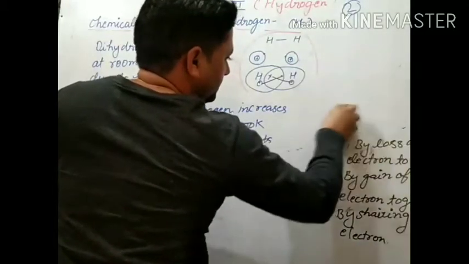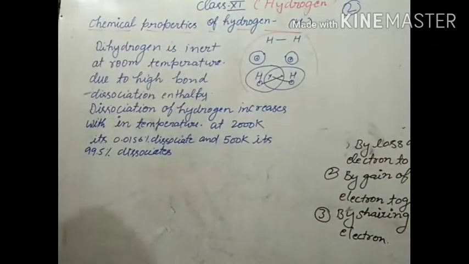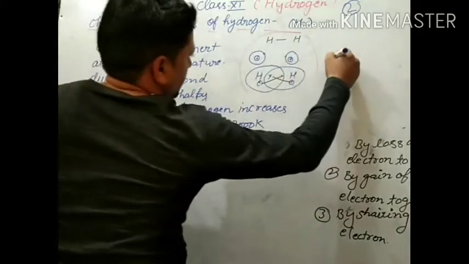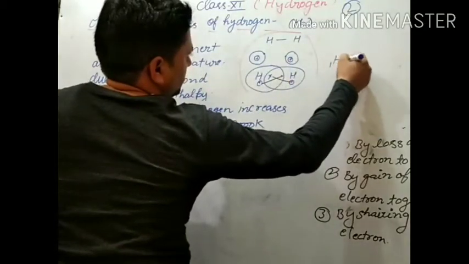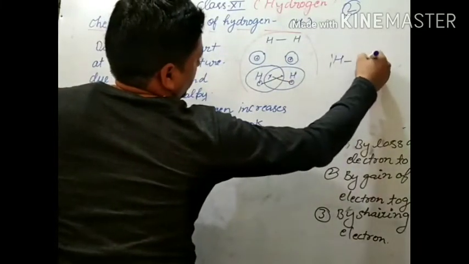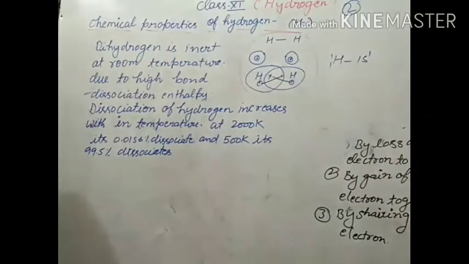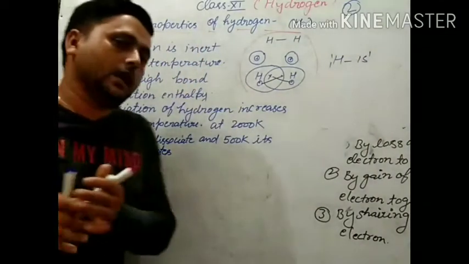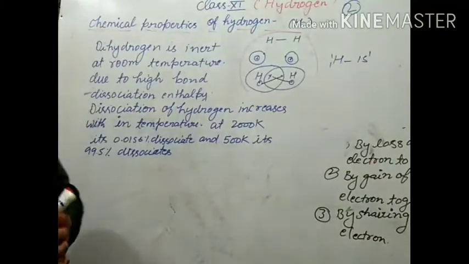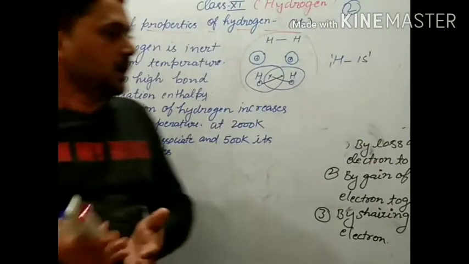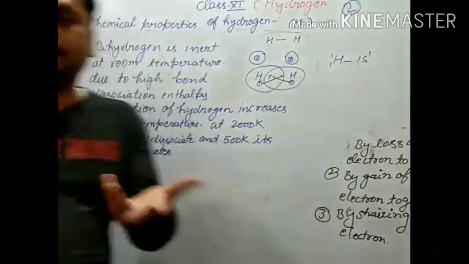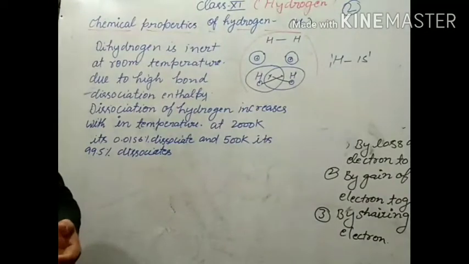Hydrogen has 1 electron in its orbital, or we can say its orbital is incomplete, so it accomplishes reactions.